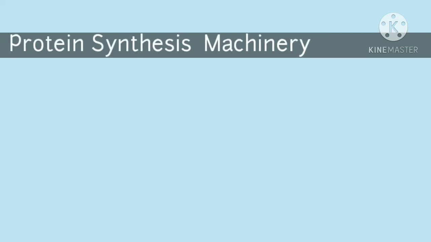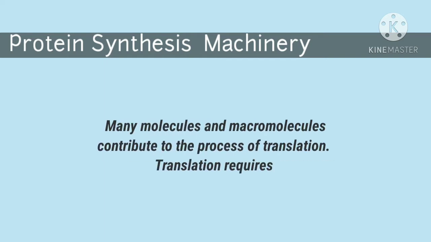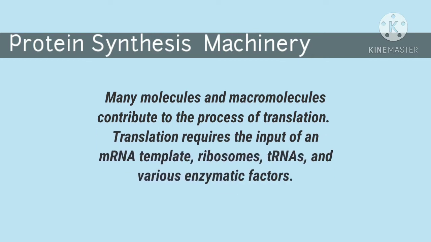The protein synthesis machinery. In addition to the mRNA template, many molecules and macromolecules contribute to the process of translation. Translation requires the input of an mRNA template, ribosomes, tRNAs, and various enzymatic factors.